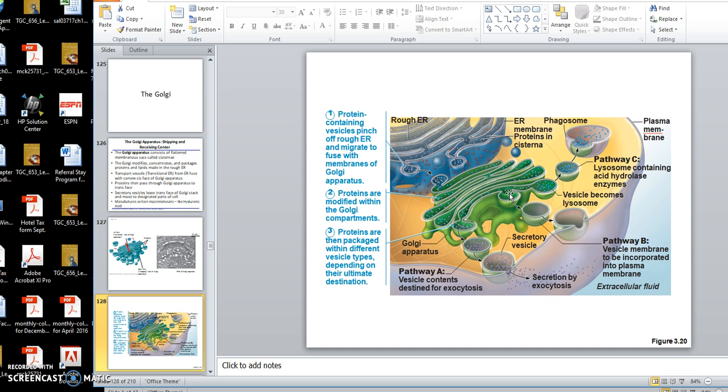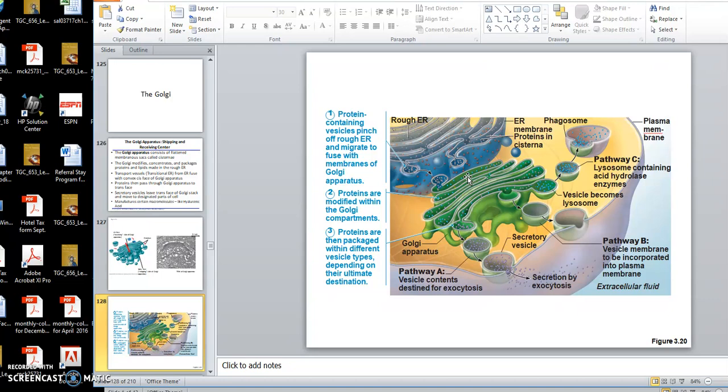The trans then will pinch off and give this secretory vesicle coming from the Golgi. That vesicle then would come and fuse with the cell membrane and either be used in the cell membrane as a component or secreted. So anything coming off the rough ER is going to go to the Golgi.